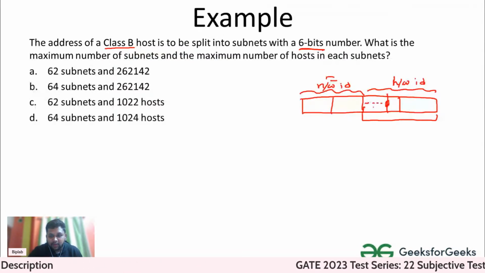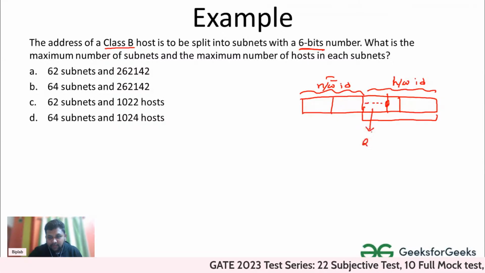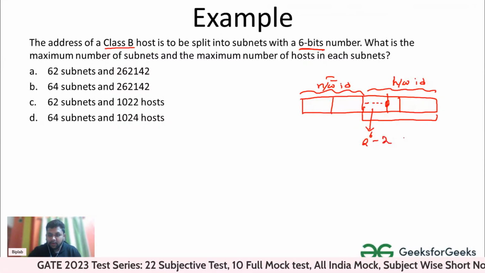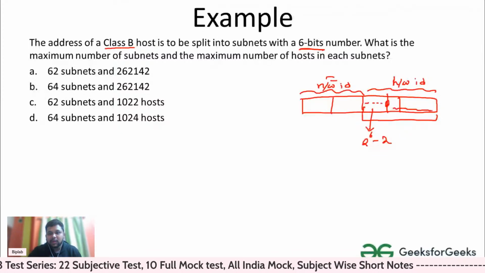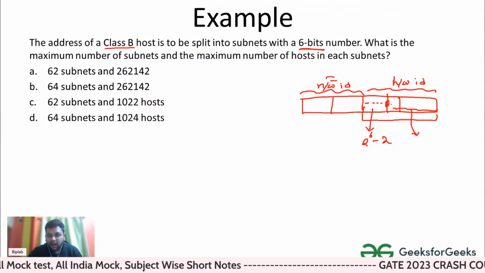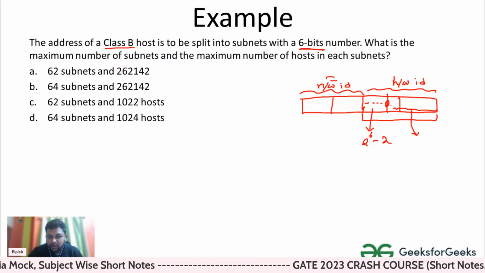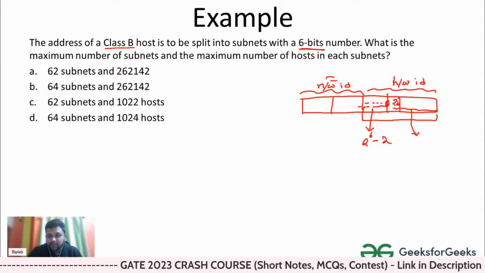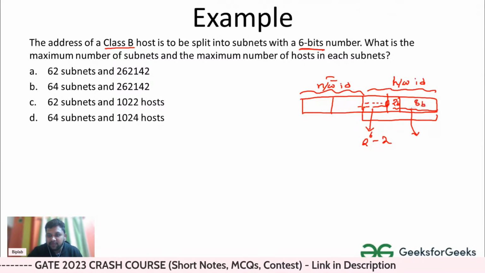So how many subnets will you have? 2 to the power 6 minus 2. And how many hosts in each subnet? Just count how many bits are left. You have used 6 bits for the subnet, so you are left with 2 bits and 8 bits.